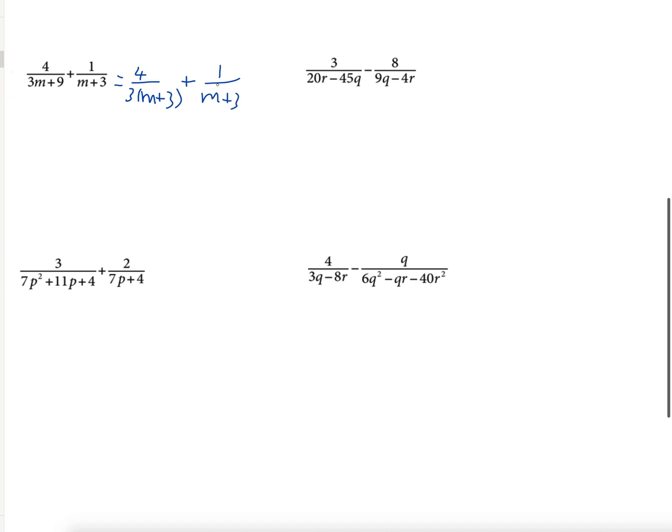So we don't have a denominator of 3 here, so we multiply by 3 over 3. Now the denominator is the same, it is 3(m plus 3), and at the numerator we have 4 plus 3 is 7.